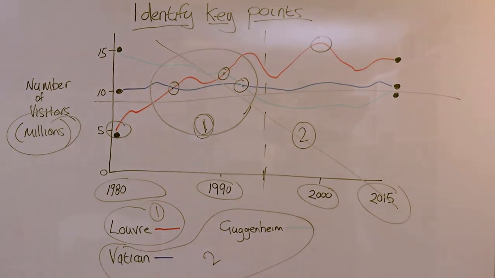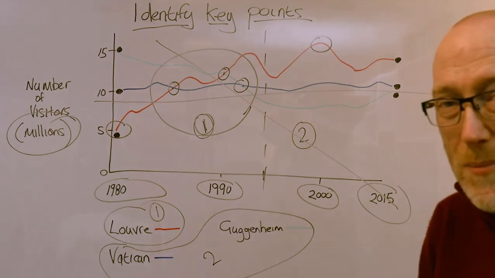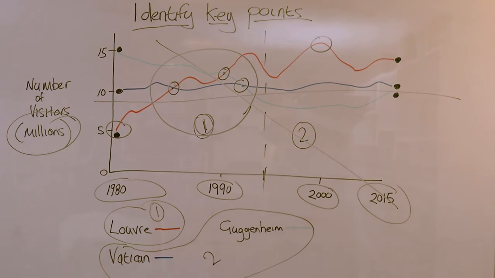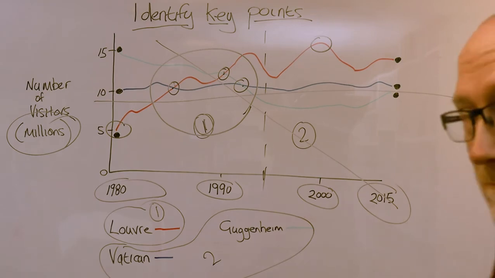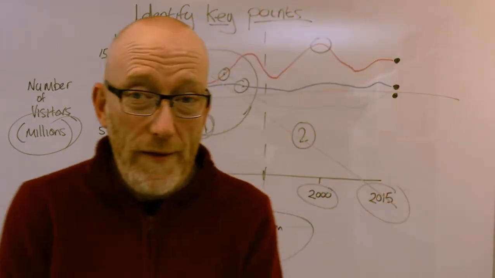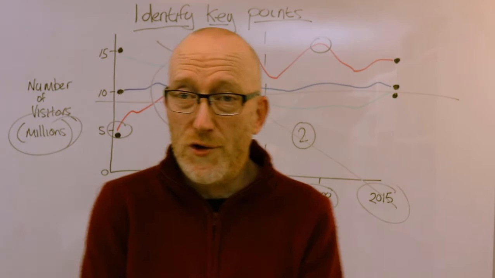What can you see? You'll have to forgive all of the scribbling that I've done, but there is an overall trend. I'll give you a few seconds to see if you can identify what you think the overall trend is. It's not obvious, but there is an overall trend there.